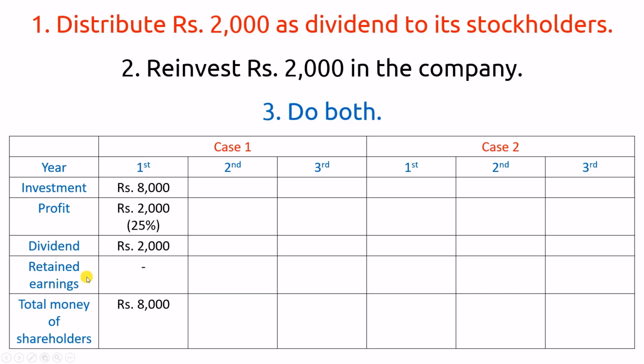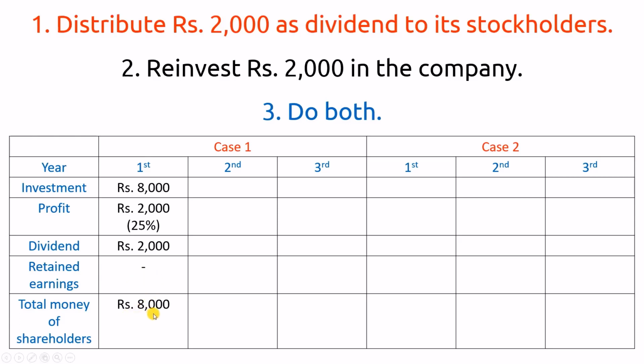Now what does the company do with the retained earnings? It can do a couple of things which we will see later, and one of them is to reinvest the money back into the company, which is the second case we are assuming. Although it can do a few other things with the retained earnings, which we will see at the end of this video. So retained earnings is 0 in this case.